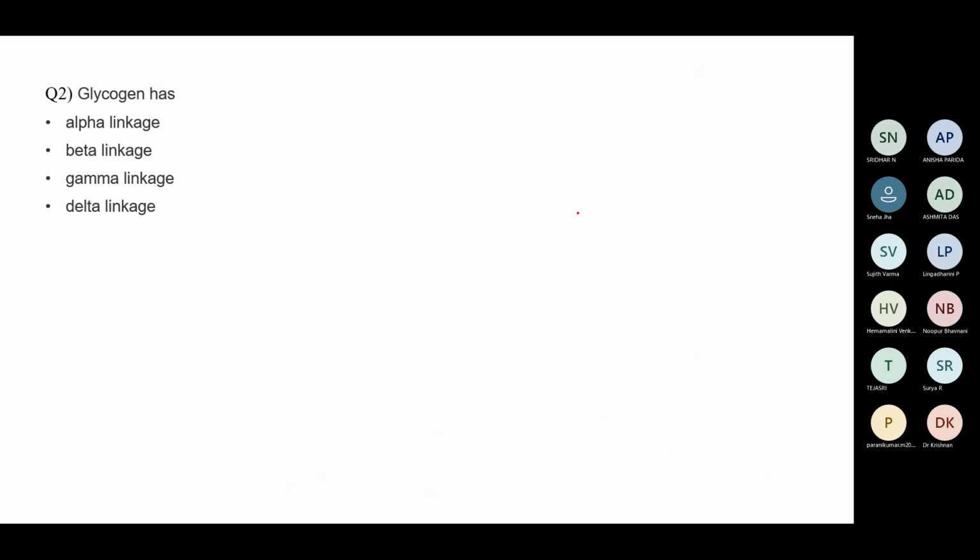Okay, now moving to the next question. The question is, glycogen has alpha linkage, beta linkage, gamma linkage, or delta linkage? Can anyone tell me what is glycogen?